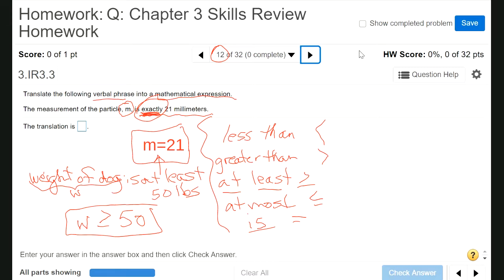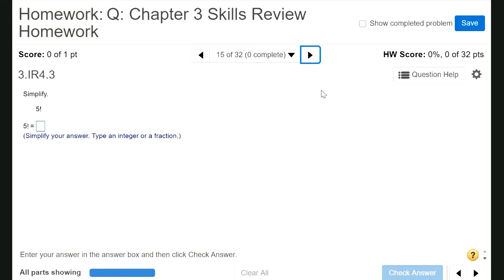Okay, let's go to example 5. This is something that you may not have seen before. In math, an exclamation point, so I'm going to draw this bigger. This problem says 5, and then it's an exclamation point.